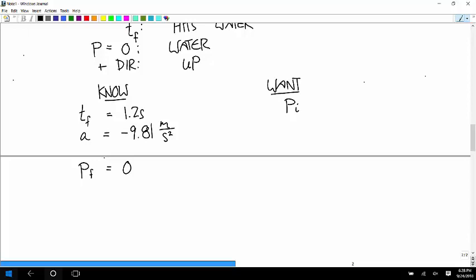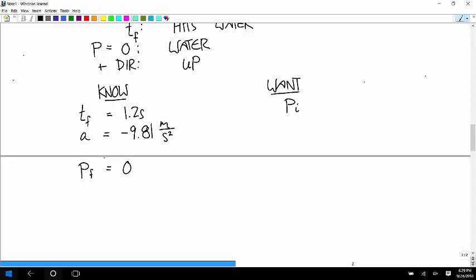Does it make sense that the acceleration is down as this object is going up, on the first half of its trip? That's sort of confusing to a lot of people. It does make sense. No matter what the object's doing, its acceleration, if it's in free fall, is 9.81 meters per second squared down.